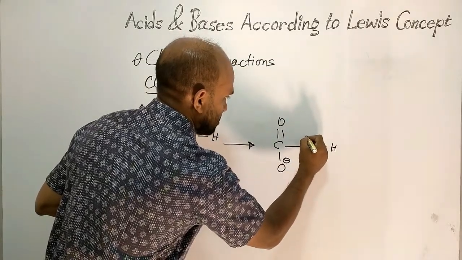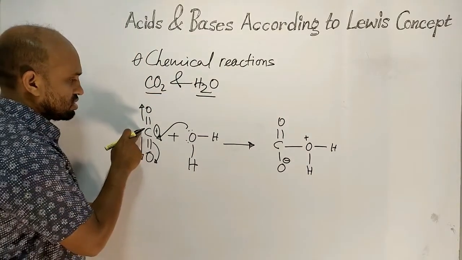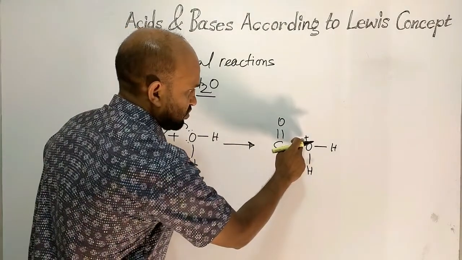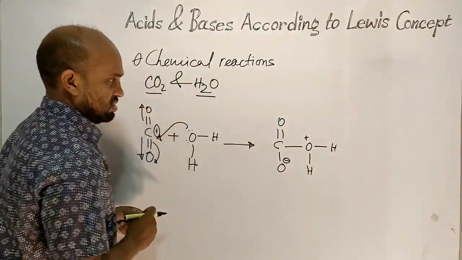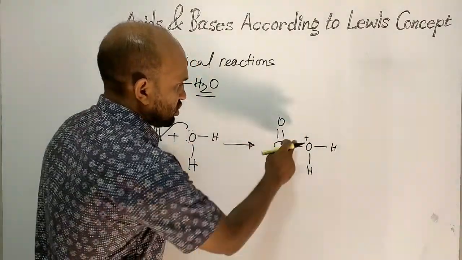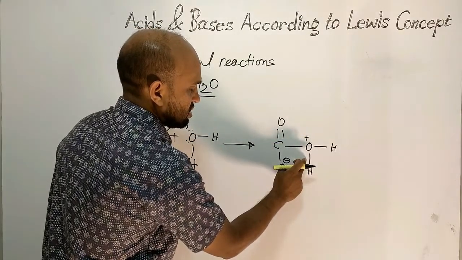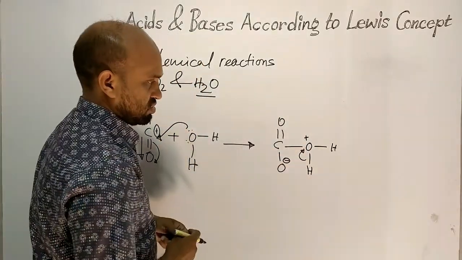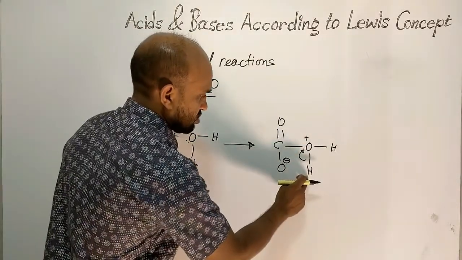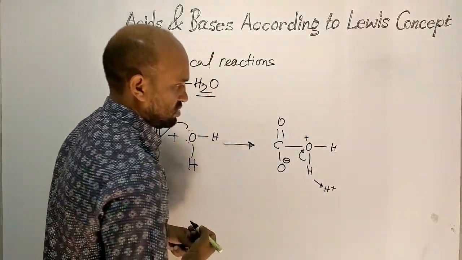Since oxygen donates electrons to carbon, that is why a positive charge is developed over oxygen. Now, because of this positive charge, these covalently bonded electrons turn into lone pair of electrons, and this hydrogen gets freed as proton.